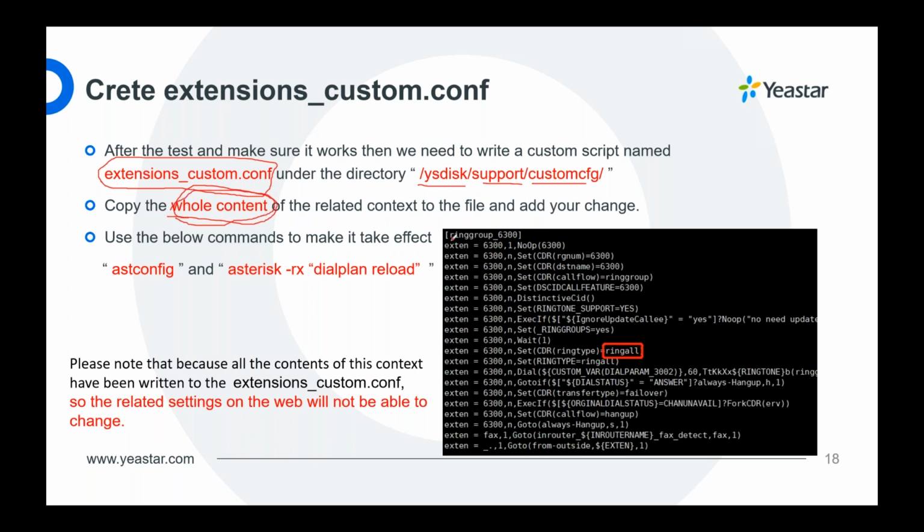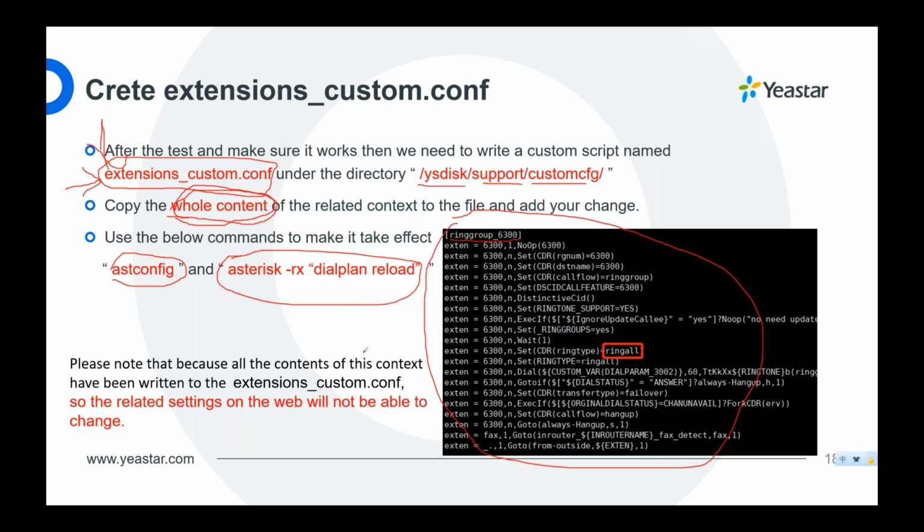That means if you change this ring group 6300, even if you just delete one line or just add a new line, you have to copy all the context to this extensions_custom.conf. After that we use two commands to make it work.